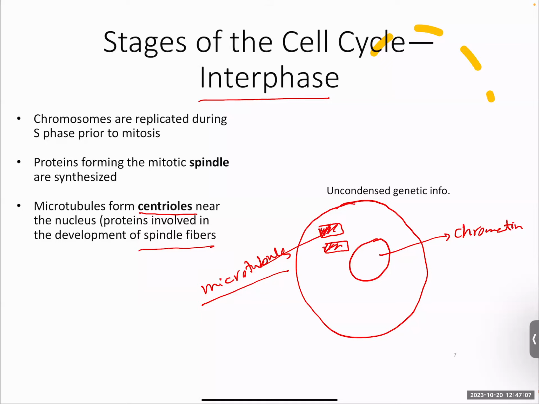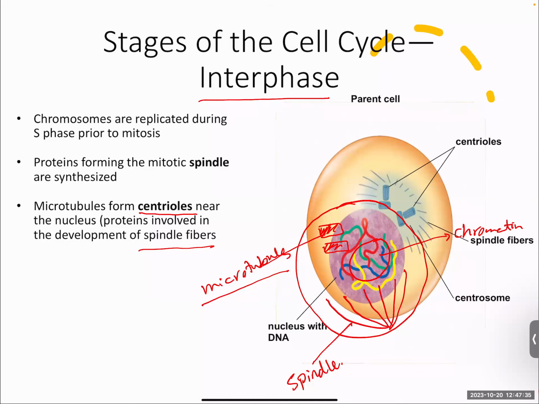The way I usually draw spindle fibers is as little strings coming out. So these would be your spindles. As we see from metaphase forward, these spindles are extremely important for moving the chromosomes to the right area, so you have equal division of genetic information between the 2 created cells.